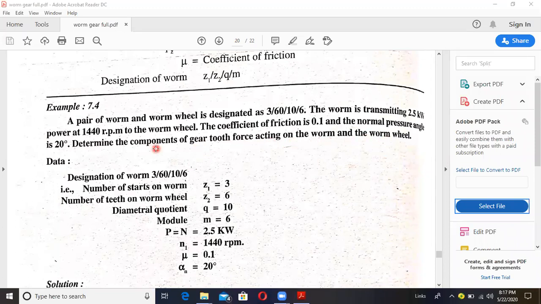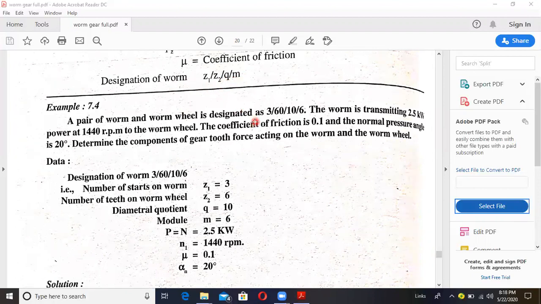So here, the combination of worm and worm wheel is designated as 3/60/10/6. Already in the formulas I told that in the notation, the designation of worm is always: first term is Z1, second term is Z2, third term is q, fourth term is m.